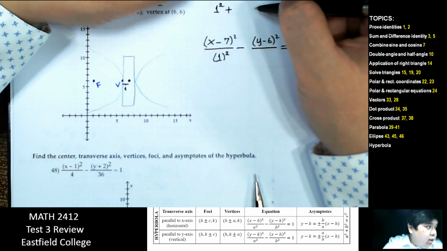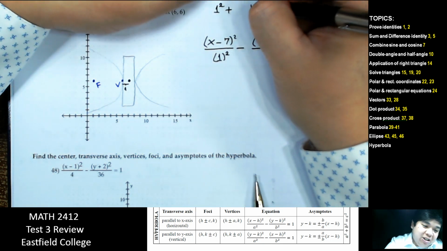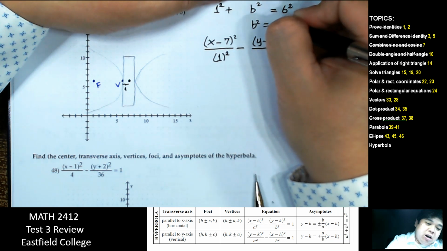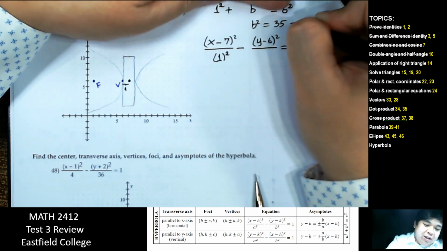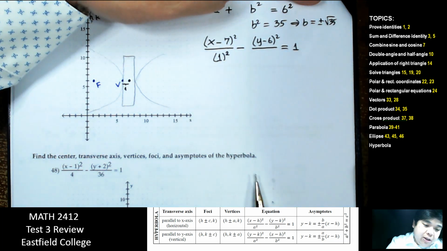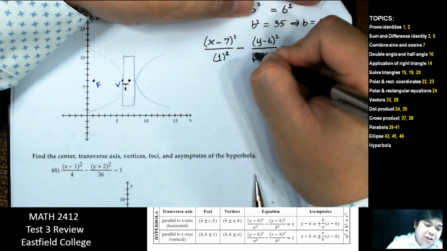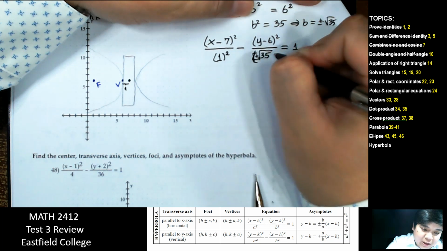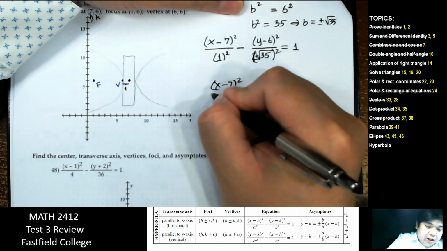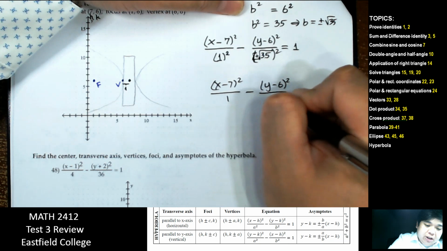The other one, I will just write down whatever this is. Let's use b then. Doesn't matter. So b squared equals 36 minus 1, which is 35. So b is plus or minus square root of 35. So (x minus 7) squared over 1 minus (y minus 6) squared over 35 equal to 1.